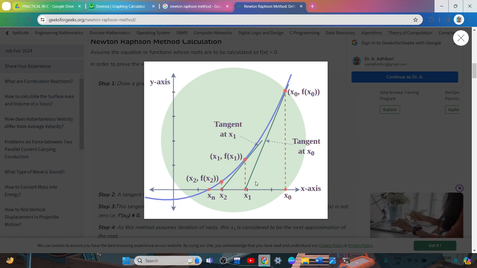This tangent cuts the x-axis at x1, the first approximation to the root. Again at the point x1 we draw a vertical line and a tangent on the curve, and this tangent cuts the x-axis at the point x2, the second approximation of the root. The actual root alpha is where the function f(x) cuts the x-axis, and x2 is the approximate root.